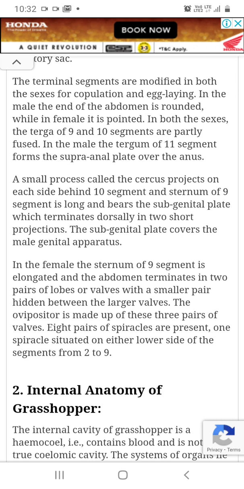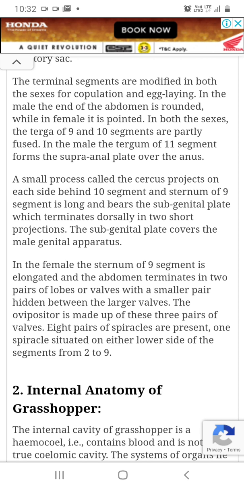The terga of 9 and 10 segments are partly fused in both the sexes. In male, the tergum of 11th segment forms the supra-anal plate over the anus.